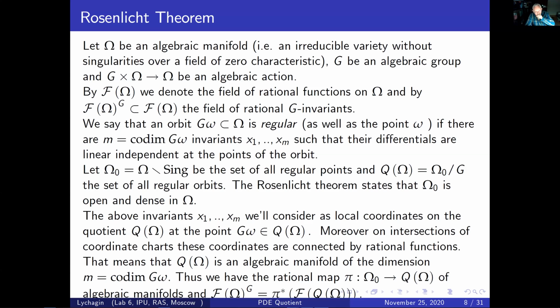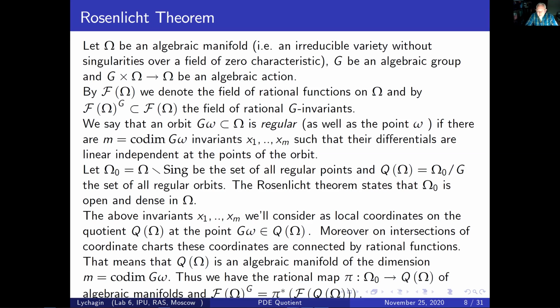So now let's take omega 0, the set of all regular points. We just remove everything that is not regular. Then this Q omega will be our standard quotient, the set of orbits.